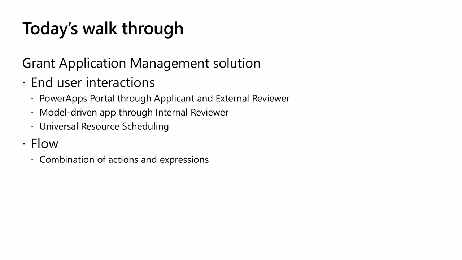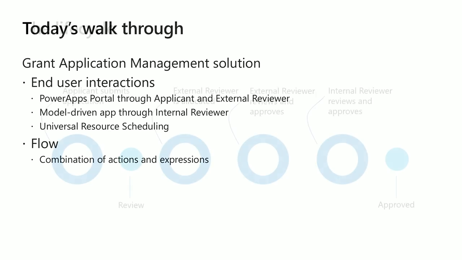We also then have a model-driven app where the internal reviewer would ideally review the application, and then you're going to see universal resource scheduling. Has anyone seen universal resource scheduling before? All right, well, you're going to see it. It's really cool. It's one of my favorite things about Dynamics 365, and then I'll talk about the flow.